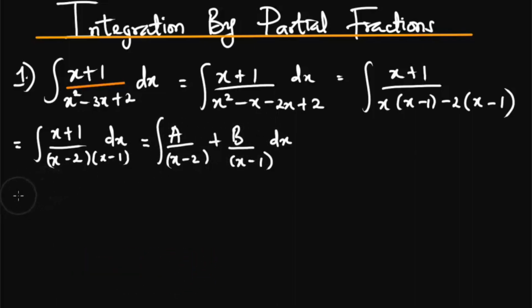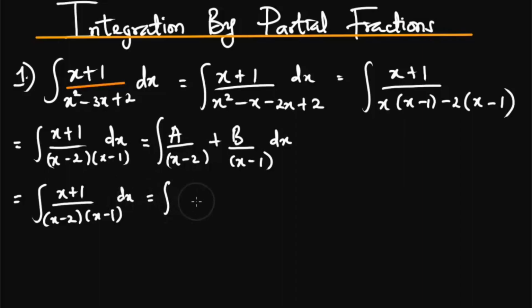We have the integral of x plus 1 over x minus 2 times x minus 1 dx, and that is equal to the integral of, let's find the LCM, so we multiply x minus 2 and x minus 1.